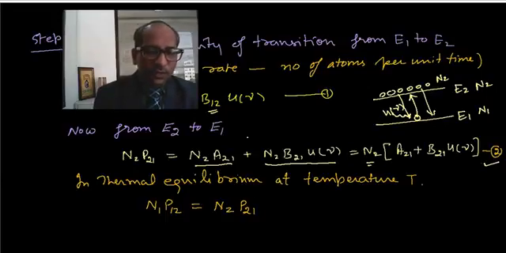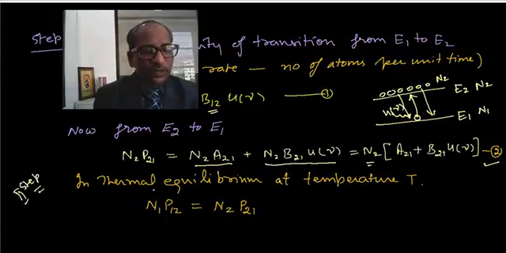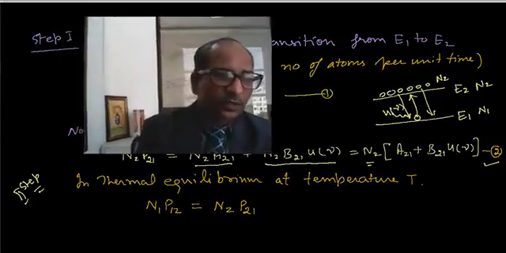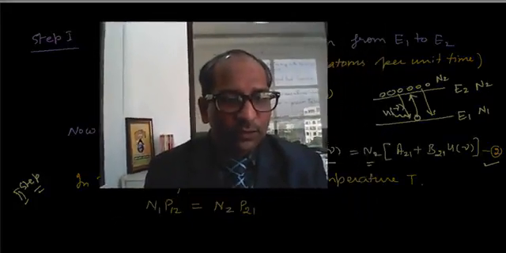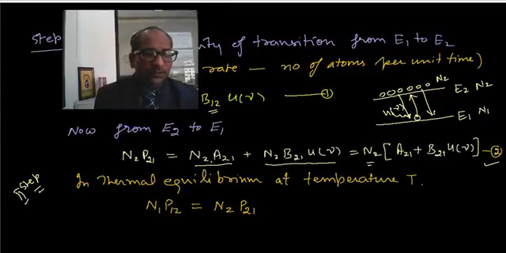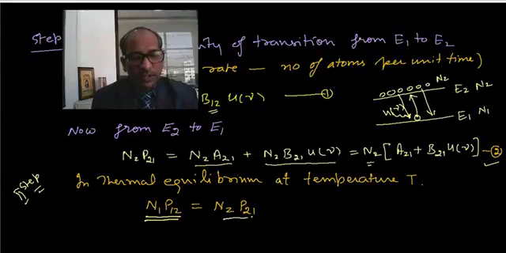This was the first step, and the next step is about thermal equilibrium. What will happen when you talk about the thermal equilibrium of a system? At that time the transition probability from the ground state to the excited state and from the excited state to the ground state will be equal.